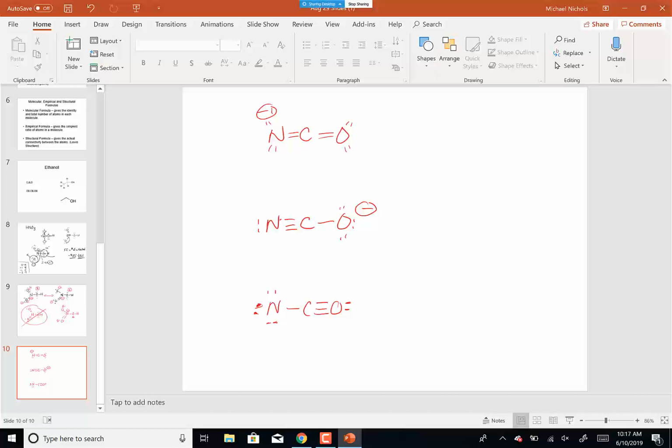Formal charges: the nitrogen is -2, carbon is 0, oxygen is +1. Okay, we've got 3. And that's all there legitimately is, with the rule that everything has to have an octet and no expanded octets. So we've got 3, A, B, and C.